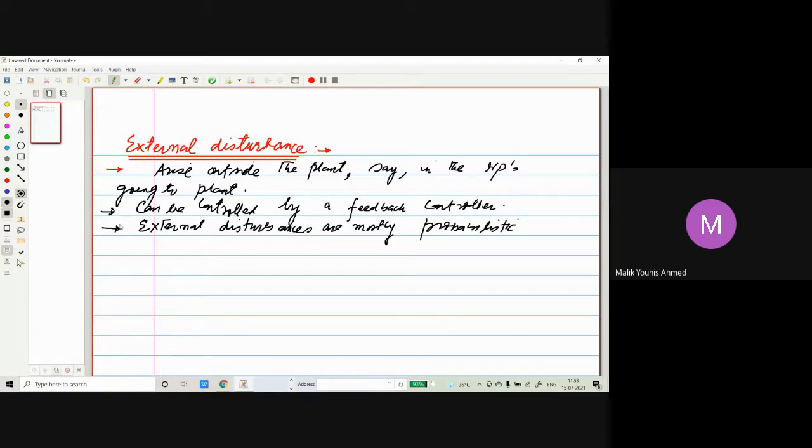Probabilistic means there is a probability. It can occur sometimes; there is no fixed chance that it will or will not occur. So that's a probabilistic disturbance.